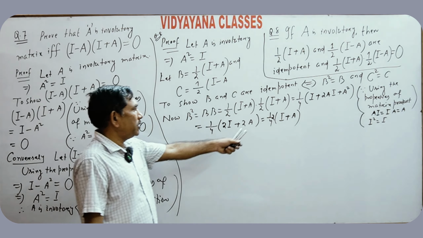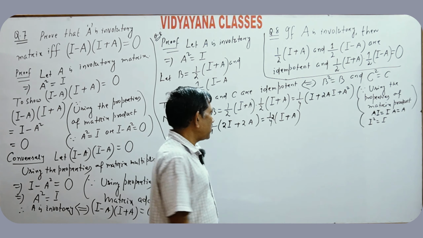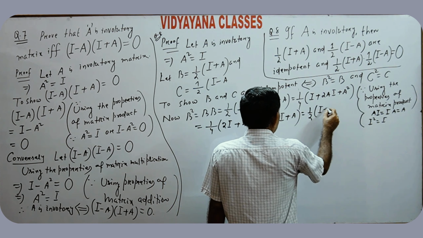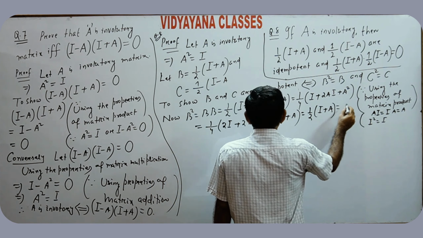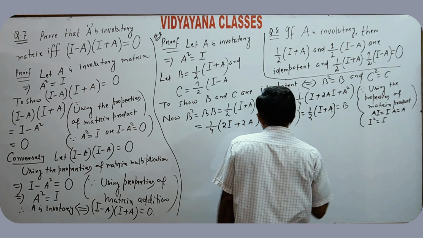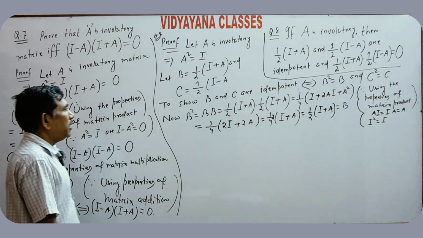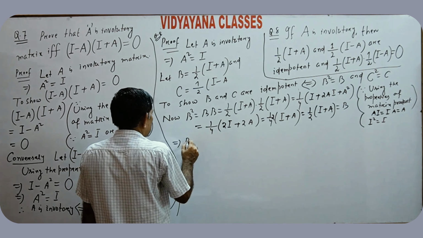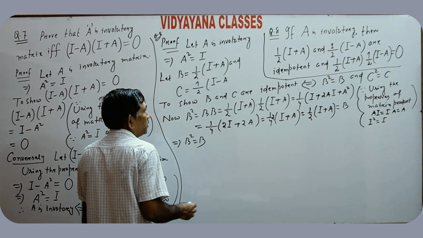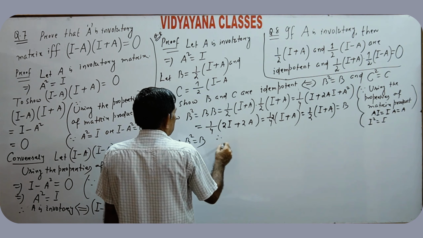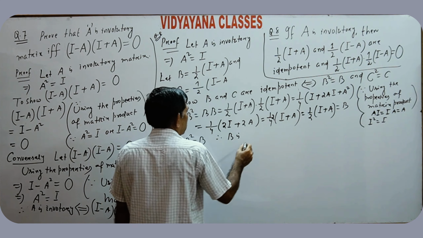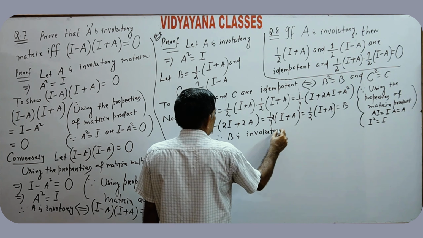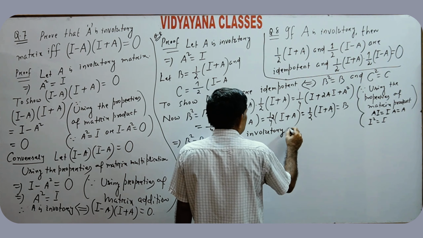Matrix product is distributive with respect to scalar, which is equal to 1 by 2 (I plus A), which is the same as B. This implies B square is equal to B. Therefore, B is an idempotent matrix.